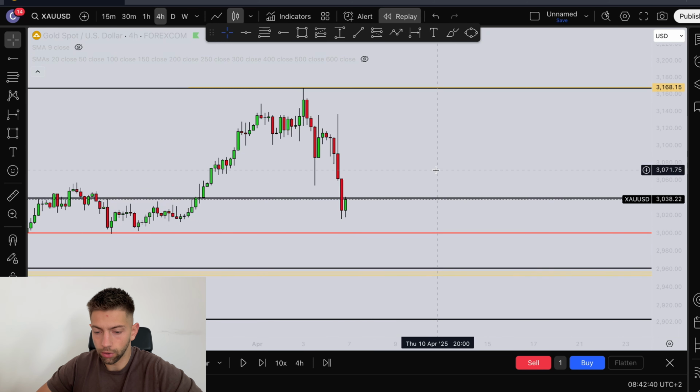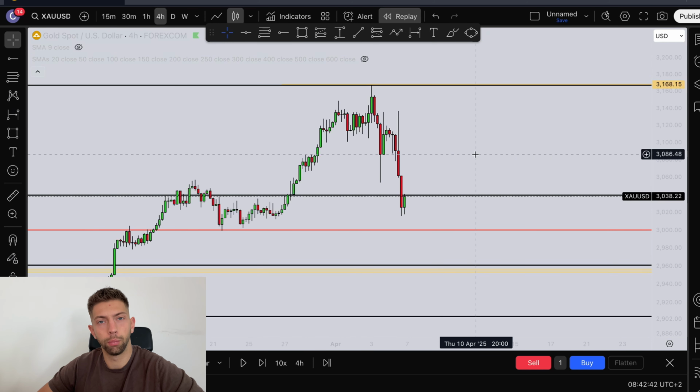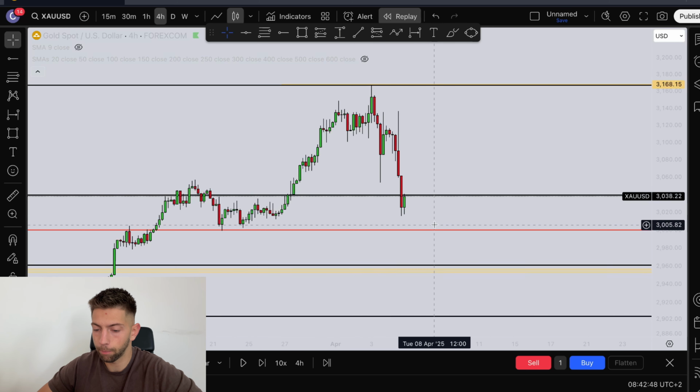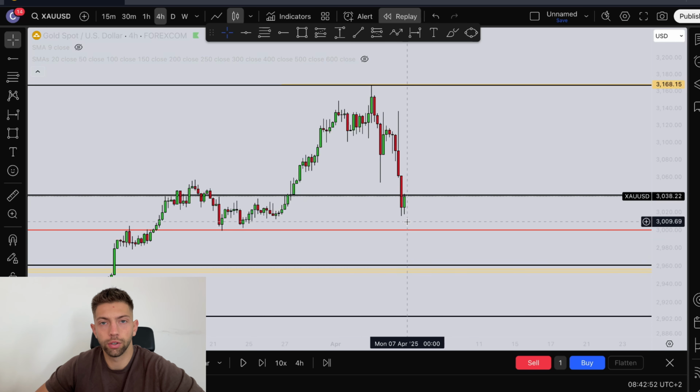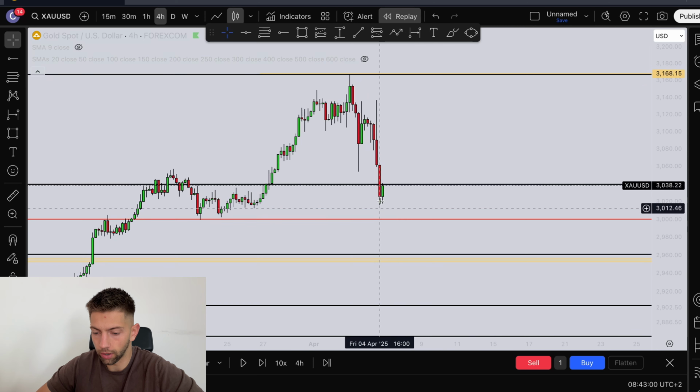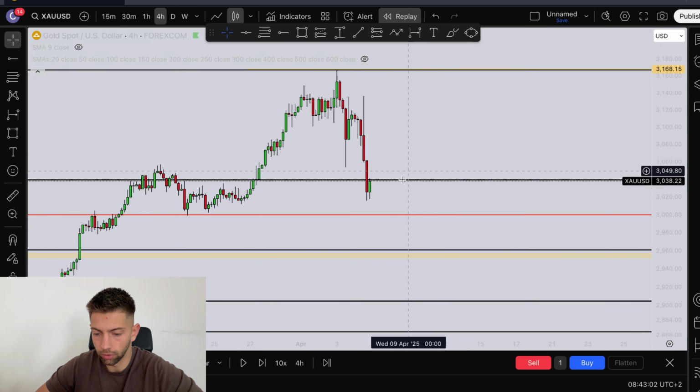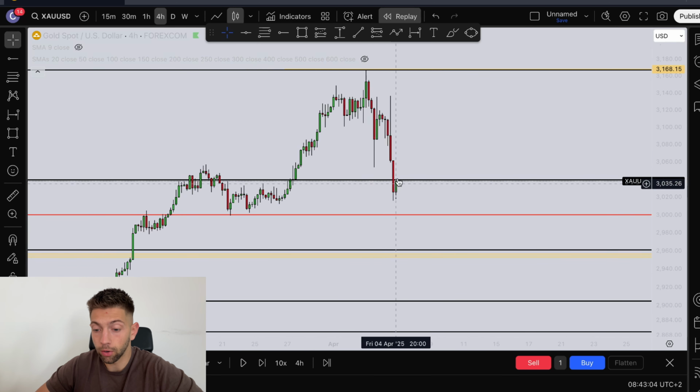Because right now I know on a daily I'm in a pullback phase, and on a weekly I closed bearish, so I'm not going to be hopping into any buys just because the market is bullish. No, I want to see a lower time frame structure shift to hop into buys, or some type of H4 range to continue the bullish trend.